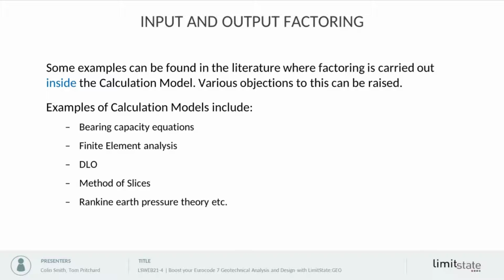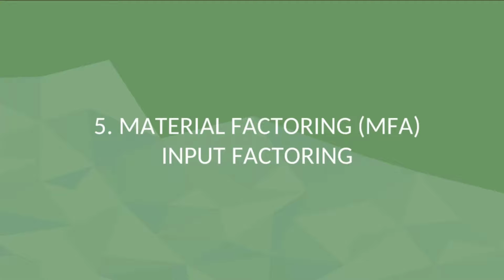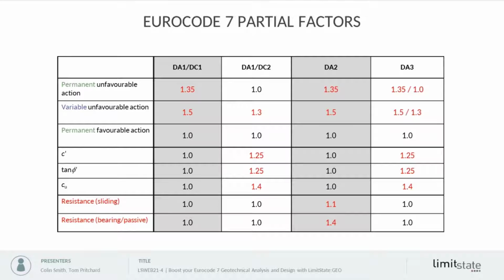And of course, our calculation model can include standard closed form equations like bearing capacity equations, finite element analysis, a DLO analysis, a method of slices, Rankine earth pressure. Any of those are applicable calculation models. So let's look at one of the aspects in Eurocode, which is input factoring.